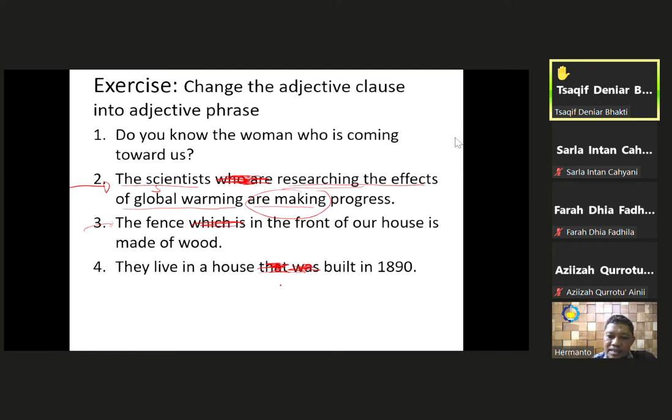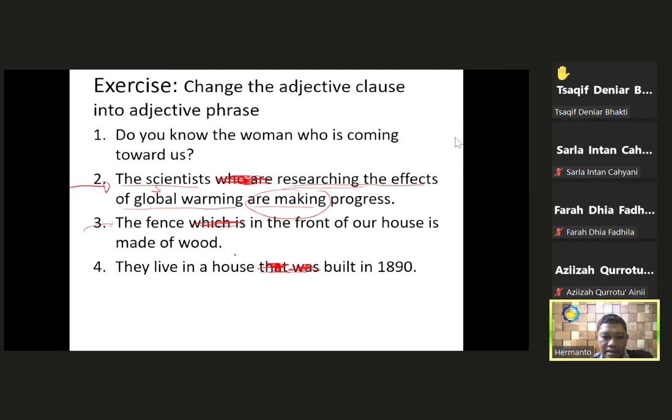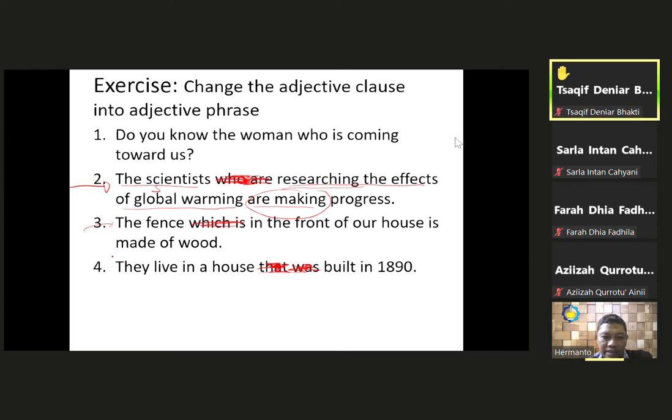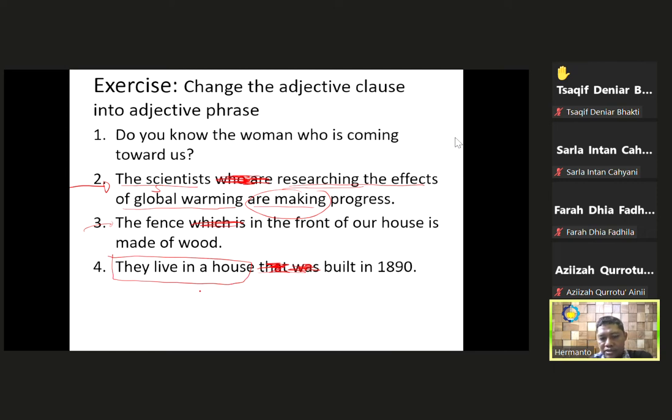Not house built. They live in a house is another, a main clause. So the adjective phrase is built in 1890. This is the adjective phrase from the adjective clause, because you have already removed this part. The rest will be the adjective phrase.